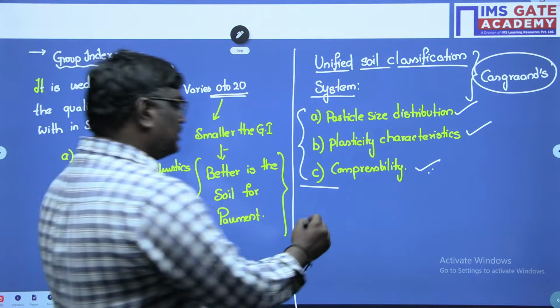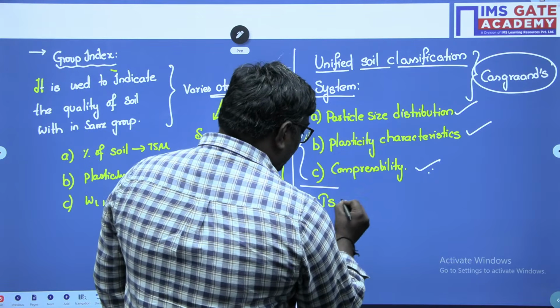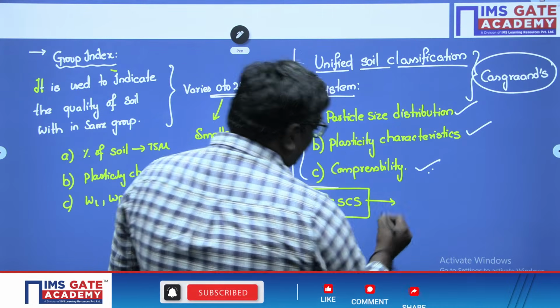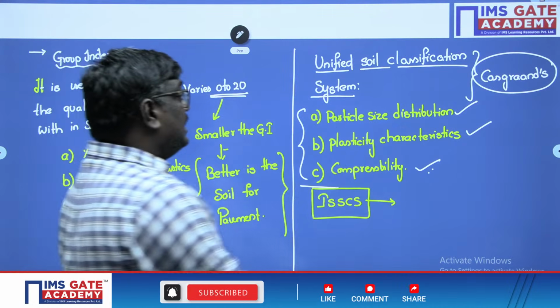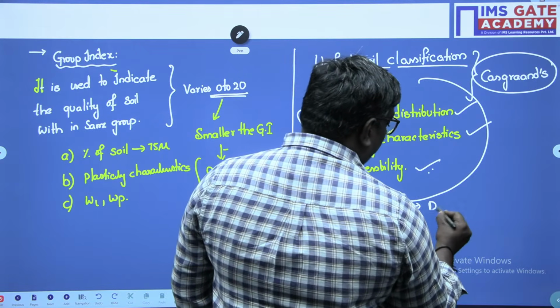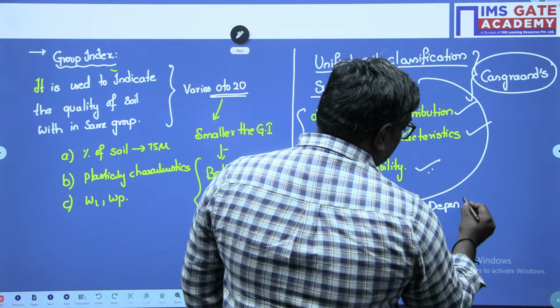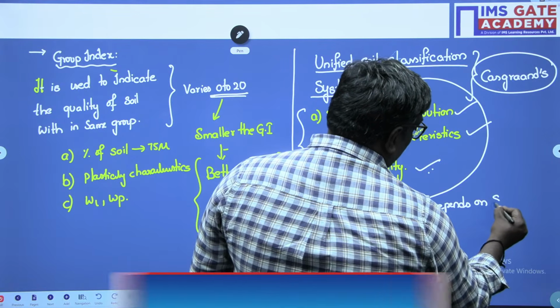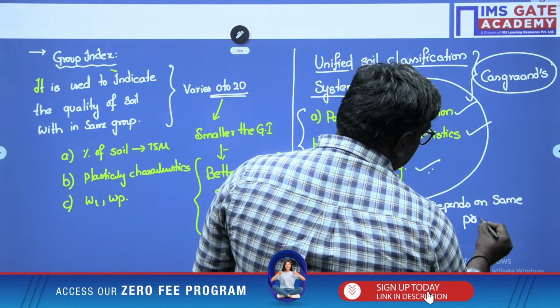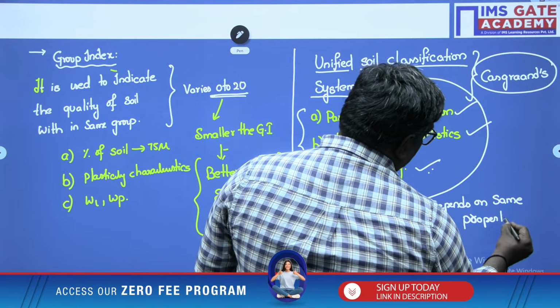Now, my dear students, if you consider the Indian Standard soil classification system, it is derived from the Unified Soil Classification System. So it also depends on the same properties like particle size, plasticity characteristics and all.